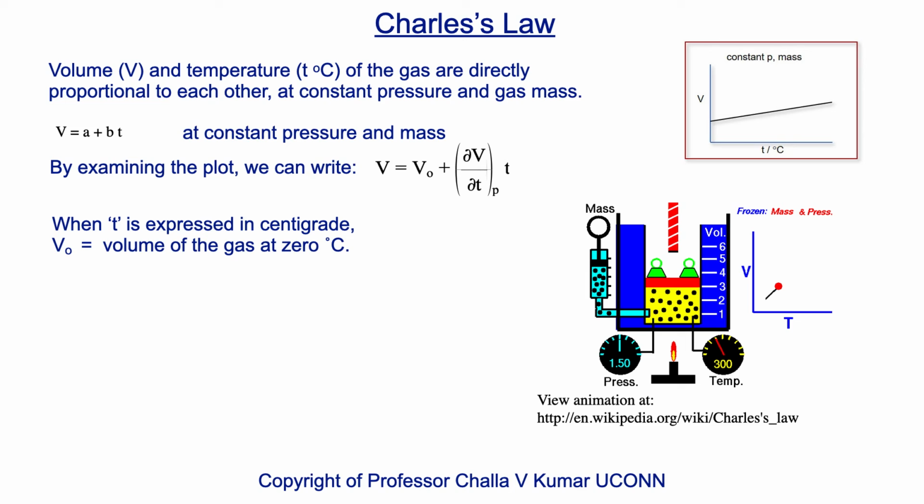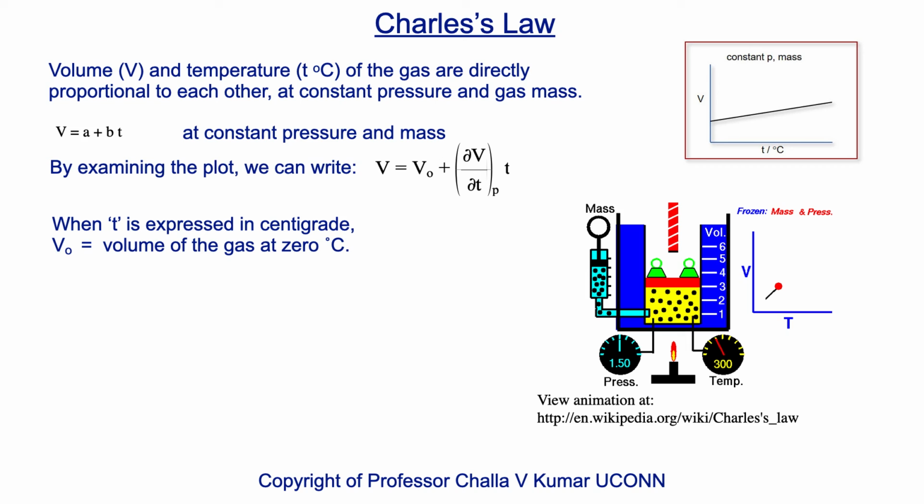Now we allow the volume to change, and we raise the temperature. When we raise the temperature, the x-axis values are increasing, and the experimental observation has been that the volume of the gas increases. This is shown in the animation and at this Wikipedia website.